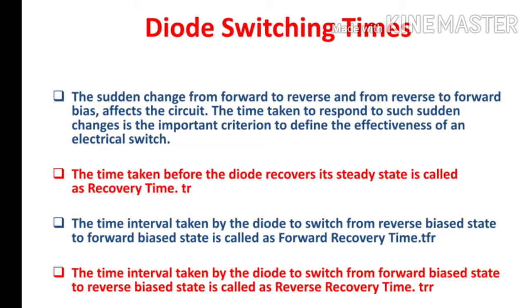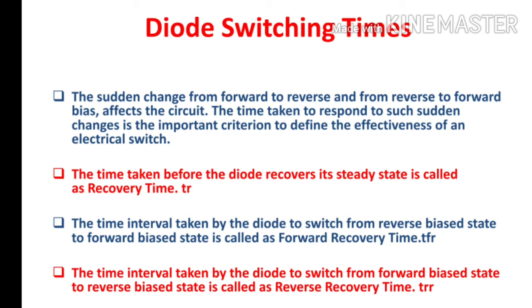So this topic particularly tells you what the reason for the lag is and how the lag occurs. So we see the partition of the timing in different definitions over here. The first one is the time taken before the diode recovers its steady state, called recovery time.